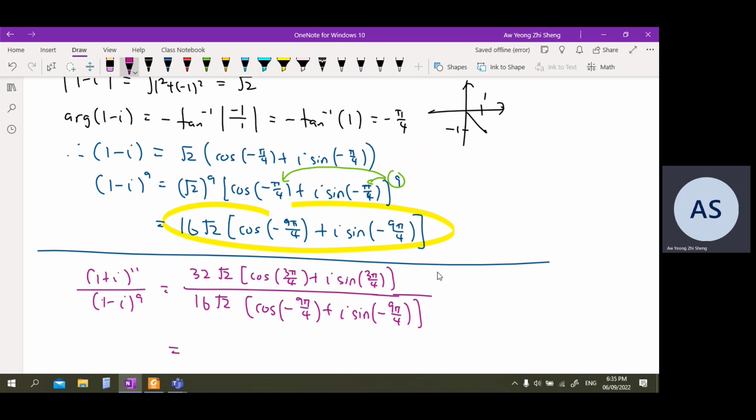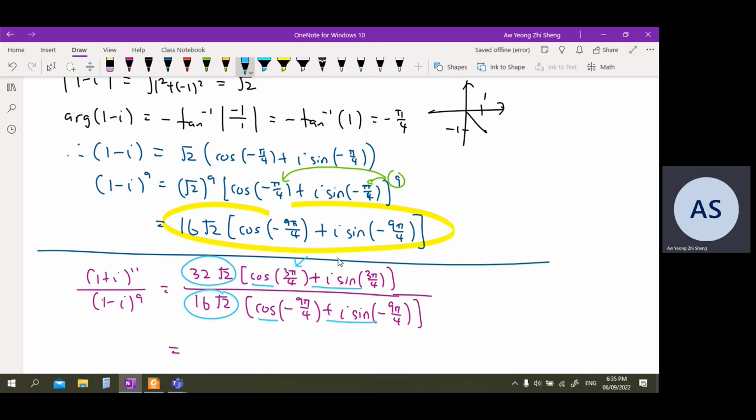So what we have here is actually a division of two complex numbers. You have one complex number divided by the other, and both of these numbers are in modulus argument form. You have a real positive constant at the front, then inside the square bracket, you have cos plus i sine, cos plus i sine.